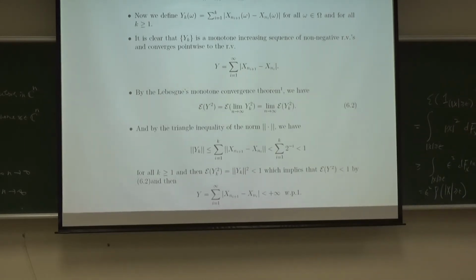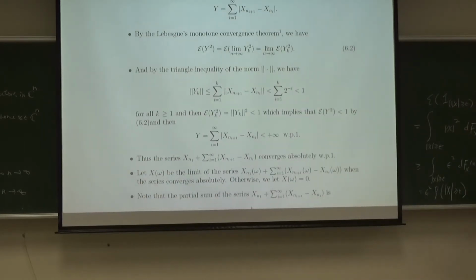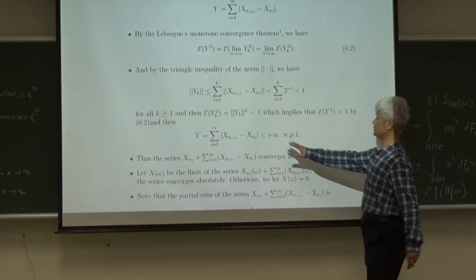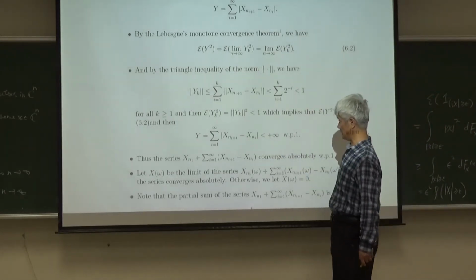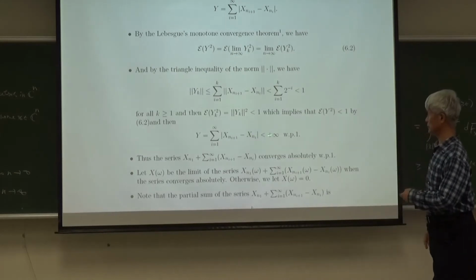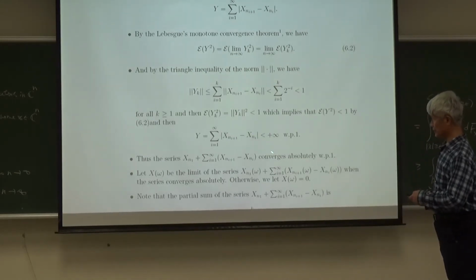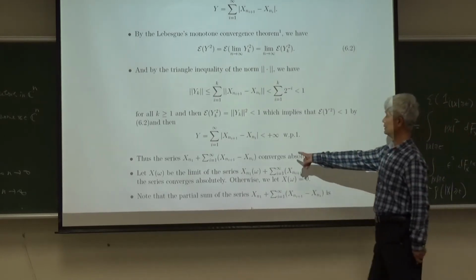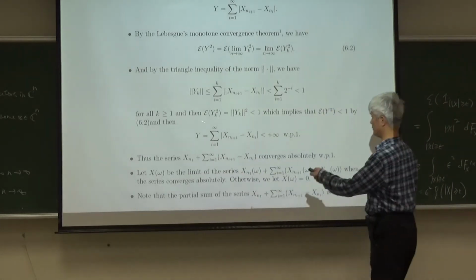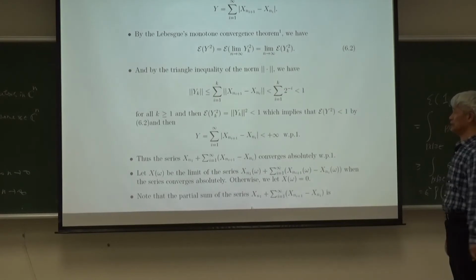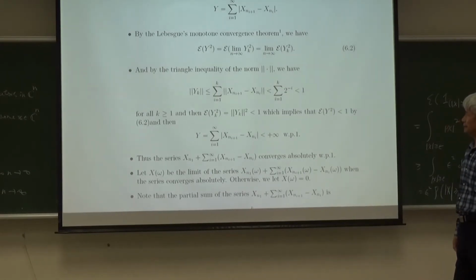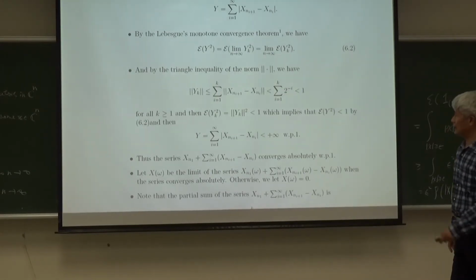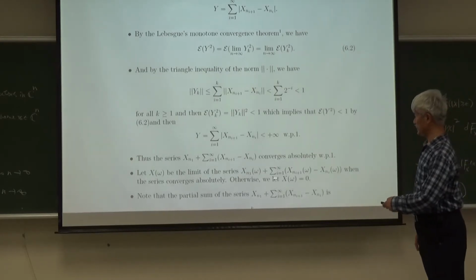And of course the random variable y is finite with probability 1, because it has a finite second moment, and so the series converges absolutely with probability 1. So it must converge because this is finite. So we let x be the limit of the series.